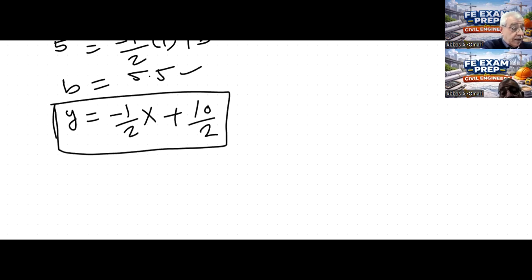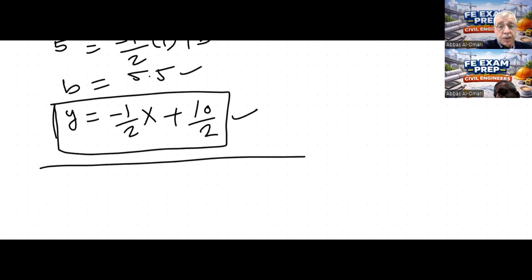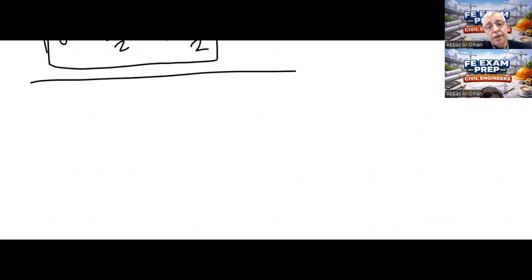Now, this is a common question in the FE exam. We have two unknowns, always the slope and the y-intercept, so we should always be given two conditions in the problem to be able to find these two constants. So we move to the next question.